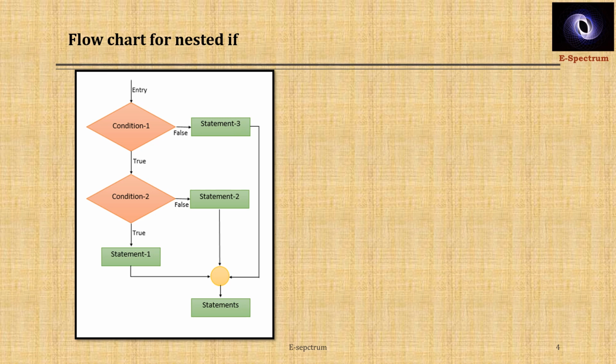If yes, I will execute a group of statements, statement 1. If condition 1 is false, I will execute a group of statements in 3. If condition 2 is false, I will execute the group of statements in statement 2. And again combined together, I will be doing some different tasks. This is called nested if.